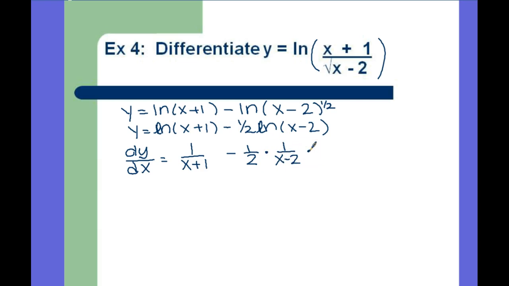The derivative of x minus 2 is 1. So we get 1 over x plus 1 minus 1 over, distribute that 2, so you get 2x minus 4. Or you could have just had 2 quantity x minus 2. I just distributed my 2.